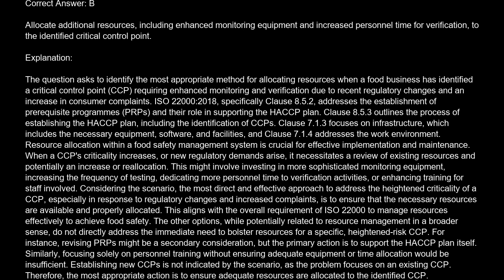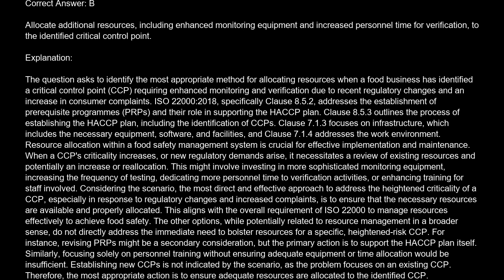Explanation. The question asks to identify the most appropriate method for allocating resources when a food business has identified a critical control point, CCP, requiring enhanced monitoring and verification due to recent regulatory changes and an increase in consumer complaints. ISO 22000-2018, specifically Clause 8.5.2, addresses the establishment of prerequisite programs, PRP, and their role in supporting the HACCP plan.